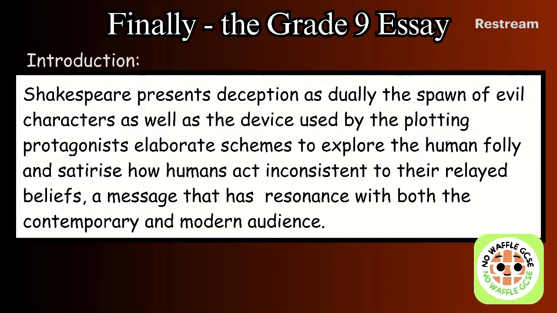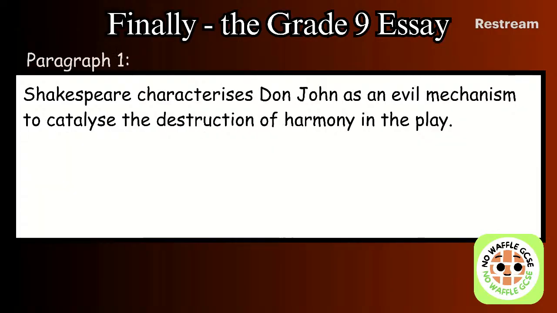Okay, so we're now going to look at the first paragraph. Shakespeare characterizes Don John as an evil mechanism to catalyze the destruction of harmony in the play. Now, this is a nice, clear line of argument. I've not just mentioned harmony because it's a good word to use, but harmony is actually one of the main stages in a play.